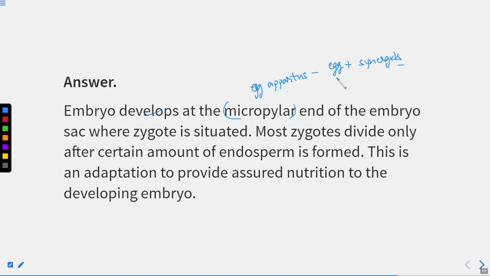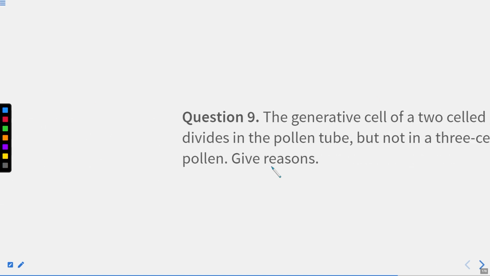The egg cell fuses with one of the male gametes and forms the zygote, which develops into the embryo. So, the embryo develops at the micropylar end of the embryo sac, where the zygote is situated. Now, most zygotes divide only after a certain amount of endosperm is formed, because endosperm provides nourishment to the developing embryo. This is an adaptation to provide assured nutrition to the developing embryo. Alright, so this is clear.